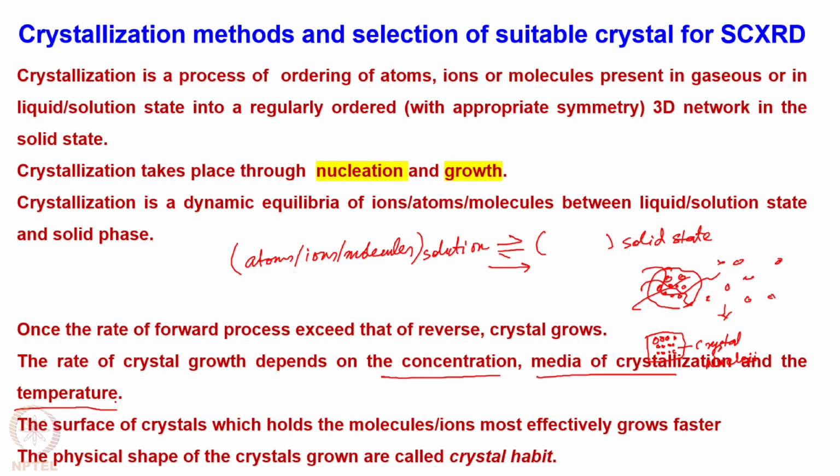The physical shape of the crystals grown are called the crystal habit, which means a compound can crystallize in different shapes, different geometric shapes. Crystals can be like prisms, can be like plates, rods, needles, and so on. So that shape in which a compound crystallizes is called its habit.